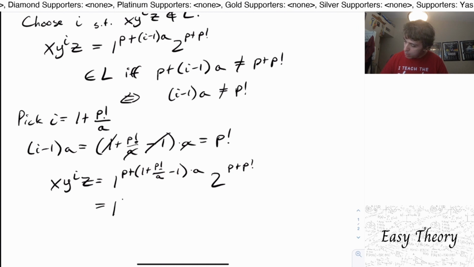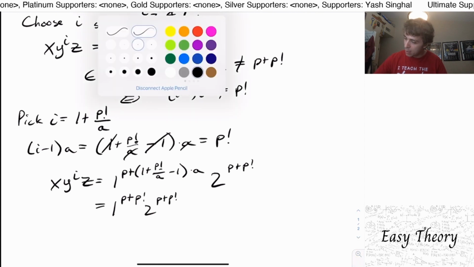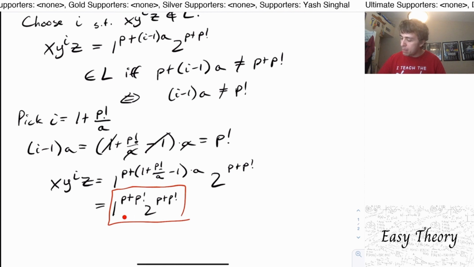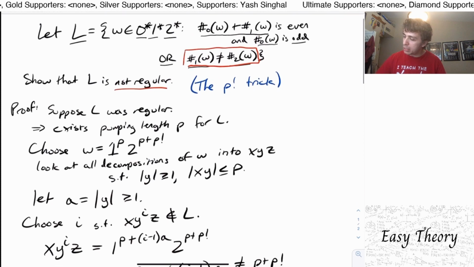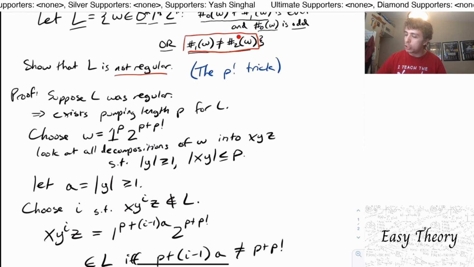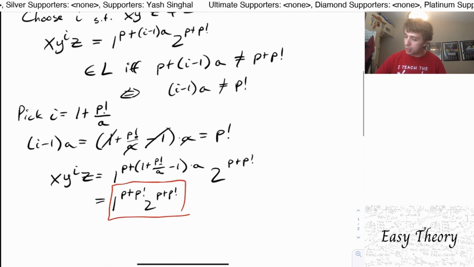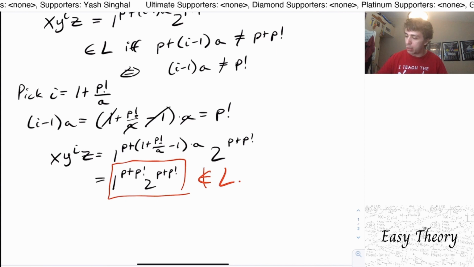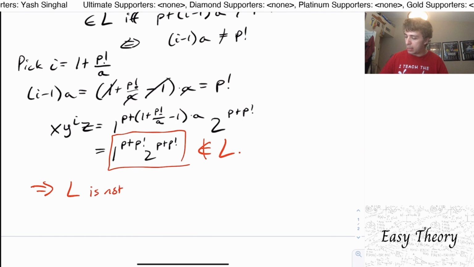So this is 1 to the power P plus P factorial, 2 to the power P plus P factorial. And look at that. We have arrived at a string that has the same number of 1's and 2's, and since it has no zeros in the string, the condition is violated and the first condition was violated. So it is impossible for this string to be in the language, and therefore L is not regular.